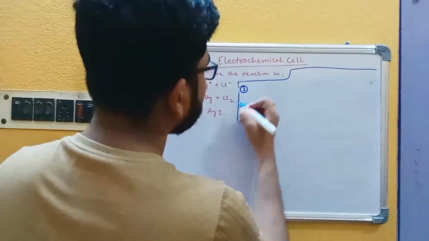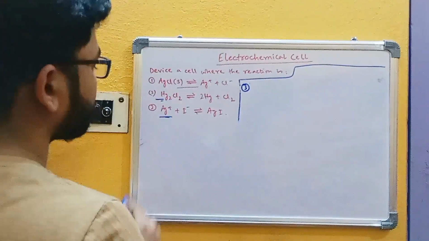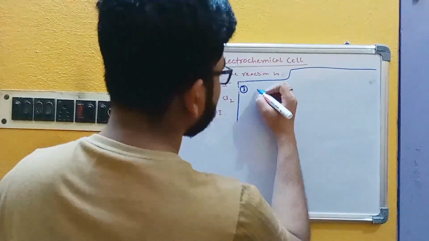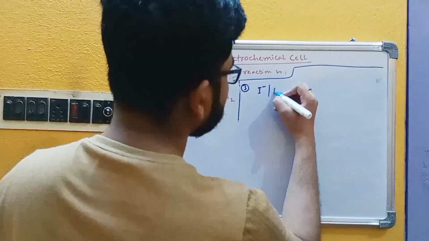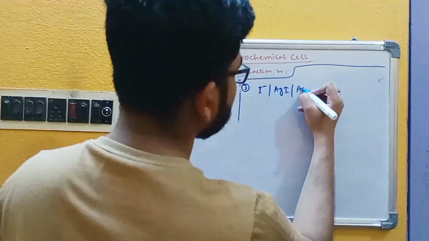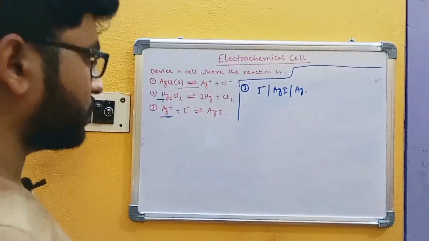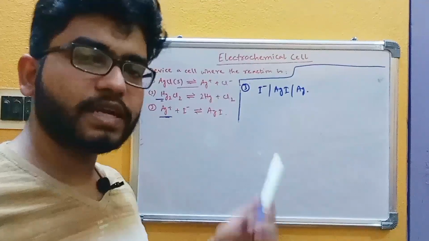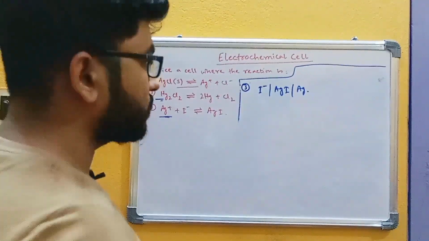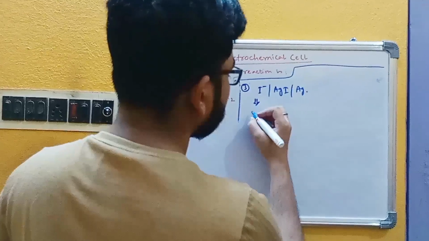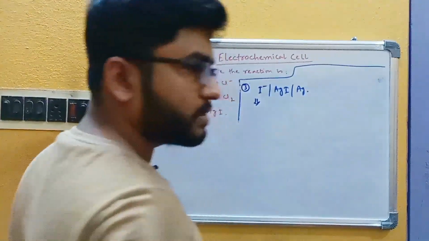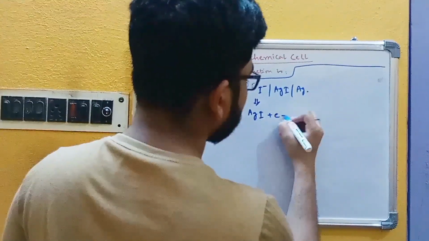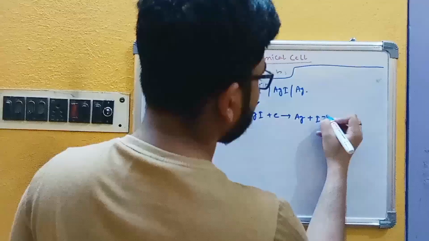Now we try to write the full cell of this reaction. If we consider this half cell, that is I minus, AgI, Ag, it is similar to the silver chloride electrode that we discussed earlier in the second kind electrode. So the half cell reaction of this electrode will be similar to that silver chloride electrode, that is AgI plus electron gives Ag plus I minus.